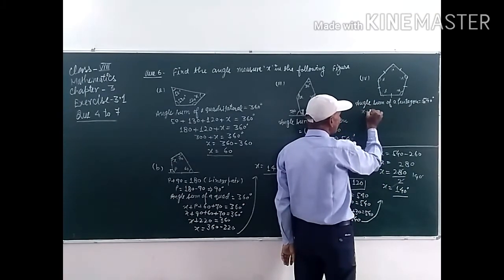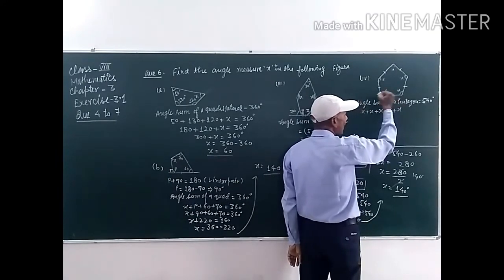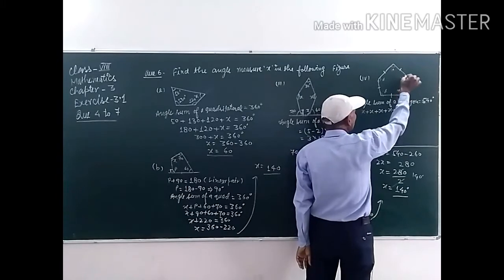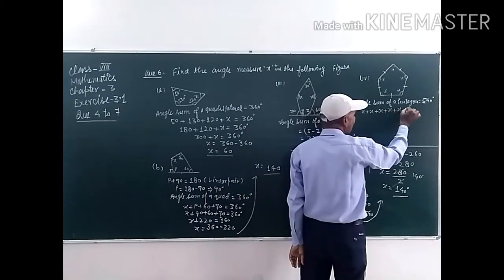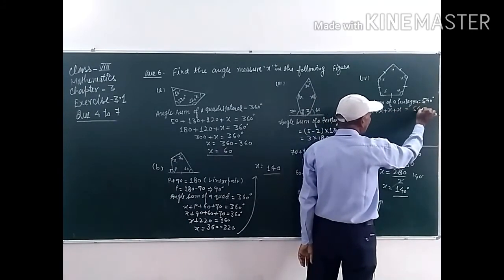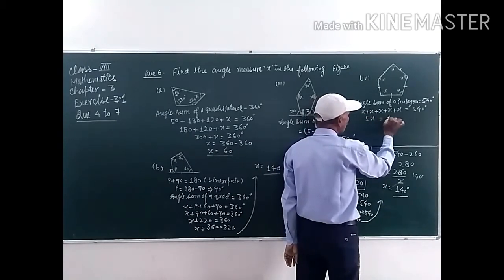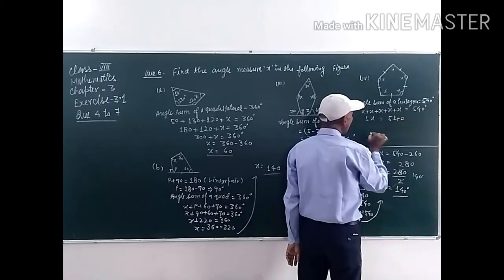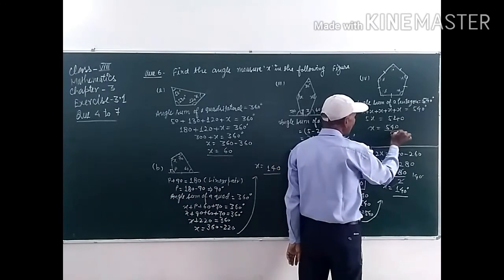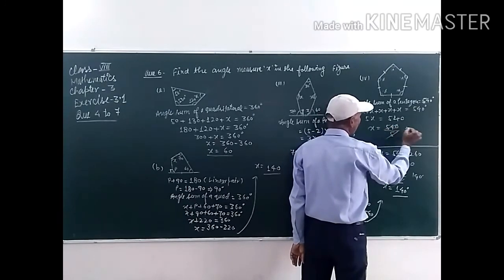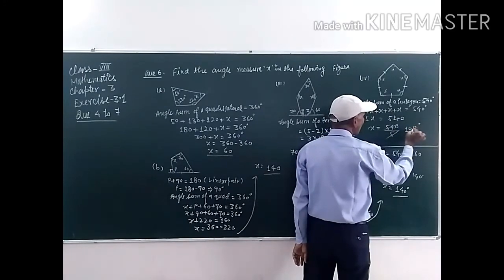So x plus x plus x plus x plus x, there are 5 angles, students, 1, 2, 3, 4 and 5, is equal to 540 degrees. So 5x is equal to 540 degrees, and x is equal to 540 divided by 5, which is 108.